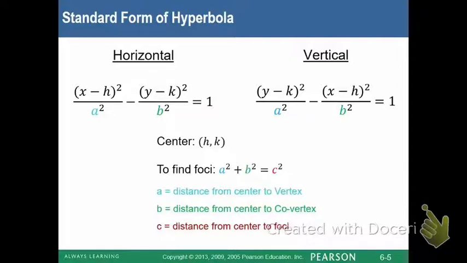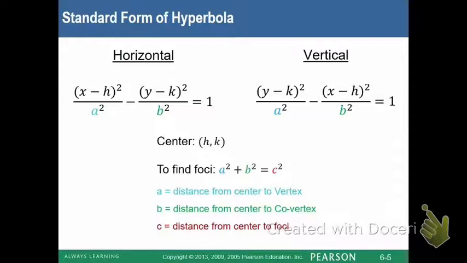But you can see that for horizontal hyperbolas, the x is first, and for vertical, the y is first in the equation. Also notice that we're subtracting here, and that's the biggest difference between this and an ellipse. Ellipses, we're always adding. For hyperbolas, you're subtracting in the middle. It's still going to be set equal to 1.